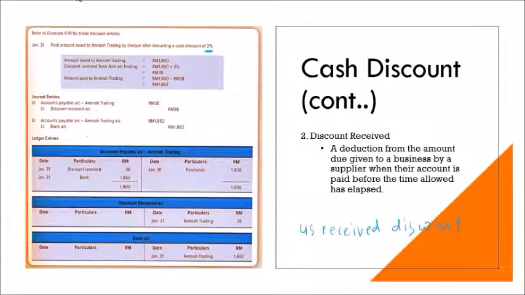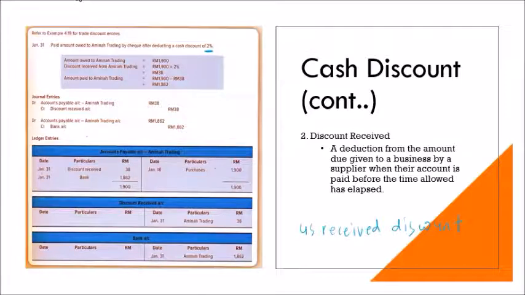So the amount owed to Aminah was 1,900. After multiplying with the 2% cash discount, we receive a 38 cash discount. So you have to record the 38 cash discount by deducting our account payable, since we owe Aminah Trading.